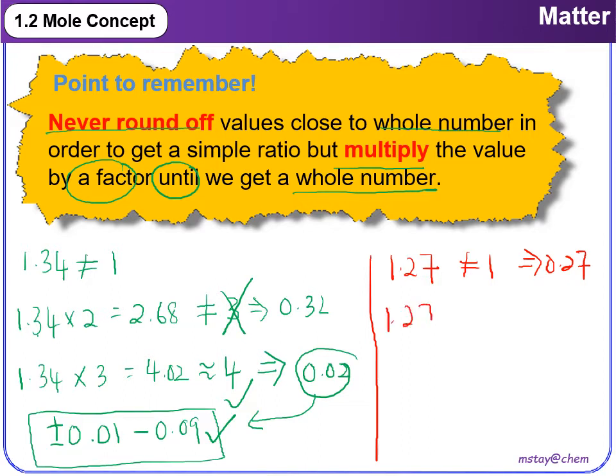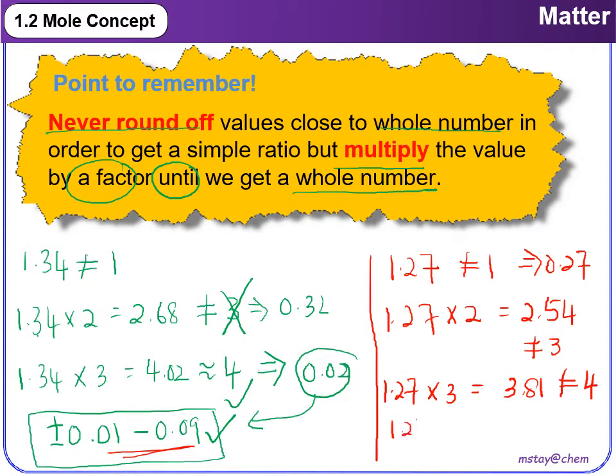Next, 1.27 multiplied by 2 gives 2.54, which we also cannot round off to 3 because the difference is very obvious and not in this range. 1.27 multiplied by 3 gives 3.81, which also cannot be rounded off to 4 because the difference is still greater than the suggested range. 1.27 multiplied by 4 is equal to 5.08. Yes, in this case, we can round off to 5.